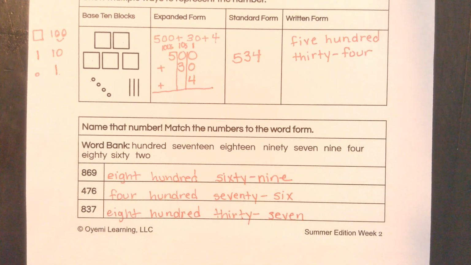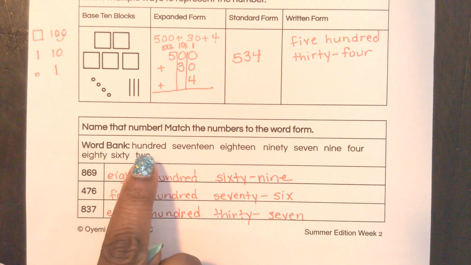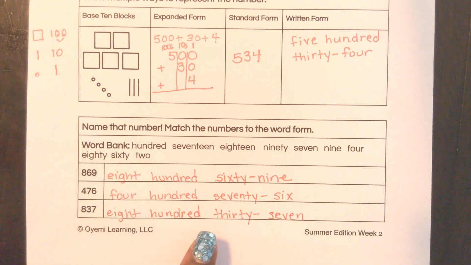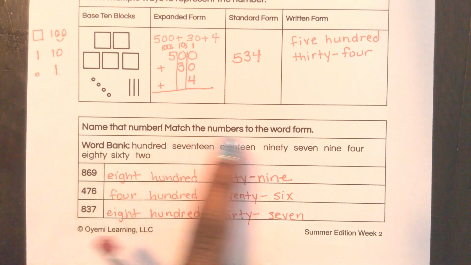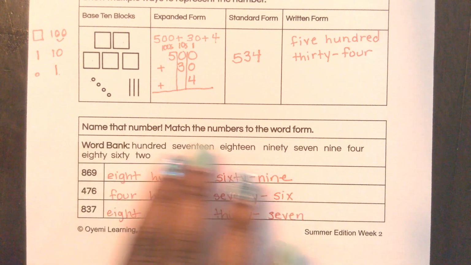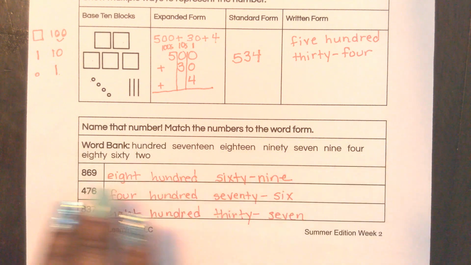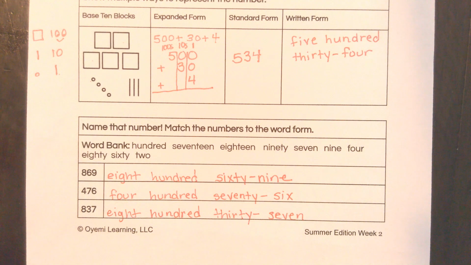You'll notice as we go on, some of the numbers will be there, some of the numbers won't. Because remember, by the end of it all, we shouldn't need that word bank. We should know how to spell out these numbers and recognize these numbers.